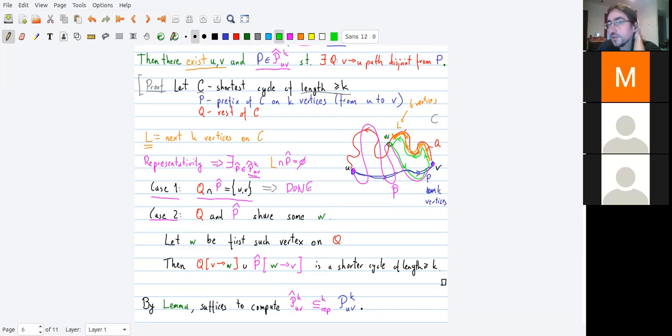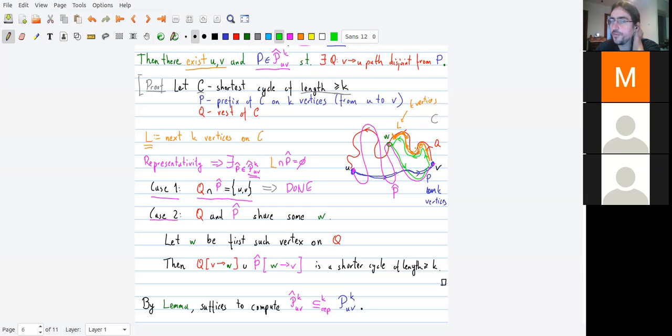What did we get? We got a directed cycle, because here I was traveling until I found the first vertex on P hat. So if I then follow by P hat, I cannot hit this prefix again.